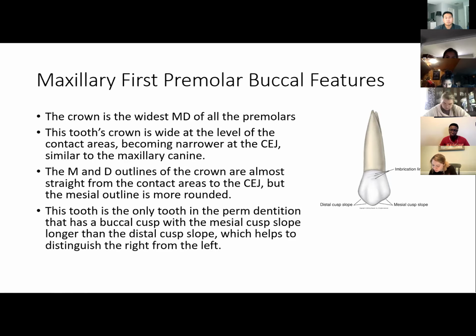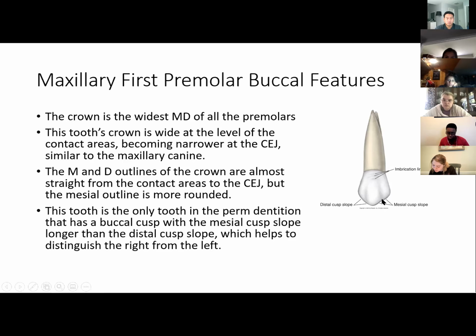The mesial and the distal outlines of the crown are almost straight from the contact areas to the CEJ, but the mesial outline is a little more rounded. And this tooth is the only tooth in the permanent dentition that has a buccal cusp with the mesial cusp slope longer than the distal cusp slope.